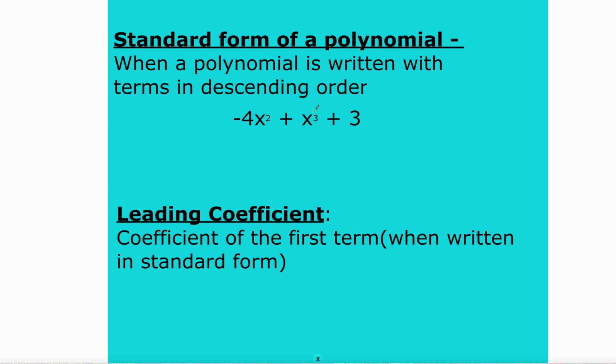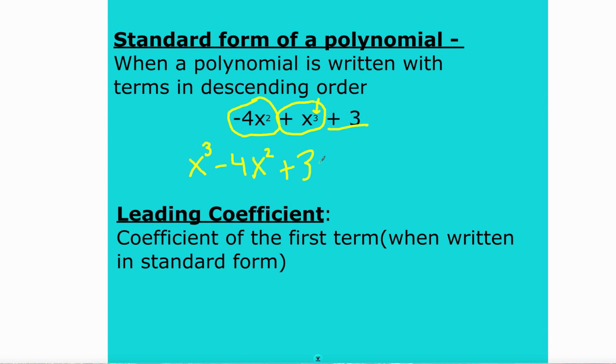The highest exponent is the 3, so standard form says I'd write the x cubed term first because it had the highest degree. Next I would write negative 4x squared because it is the next highest exponent. And last, the constant would be plus 3.